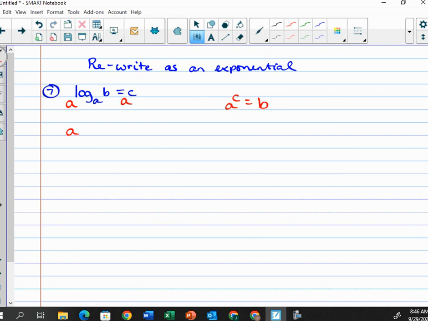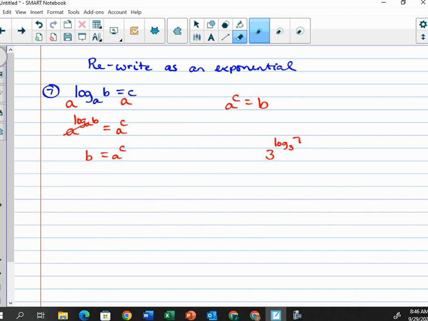It's like saying A to the log base A of B equals A to the C. This cancels and you just have B equals A to the C. I understand that that is obviously more complicated than just memorizing the A to the C equals B. We will get into some weird logs where it's like 3 to the log base 3 of 7, and you have to evaluate that. It's 7. Okay. As long as you guys understand that, just do it the other way then.